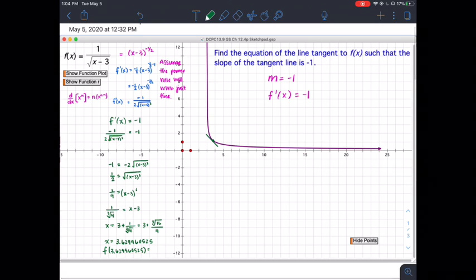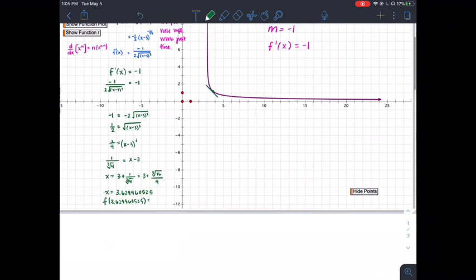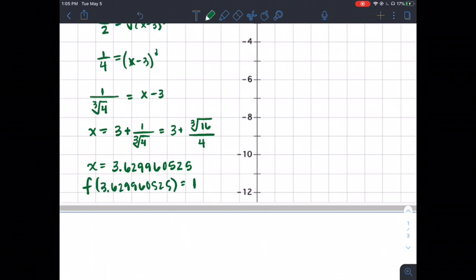So I'm going to go back to my original function and substitute this in, and I'm going to have that y, my output value here, is 1.259921050.